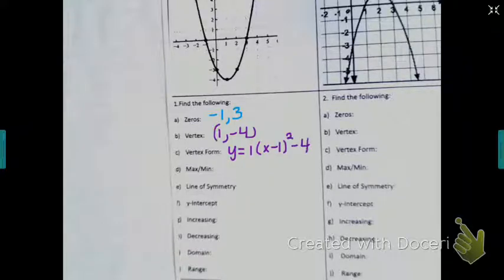Good. Sophia, is it a max or a min? Good. Raven, what's the line of symmetry? x equals 1. Good. Garrett, what's the y-intercept? It's actually -3 because it's where it crosses the y-axis, so it crosses the y-axis at -3.